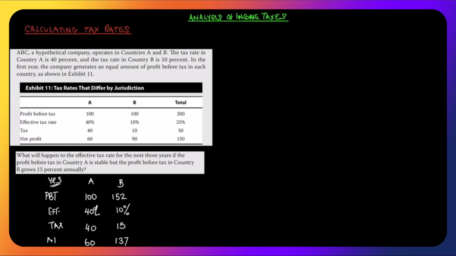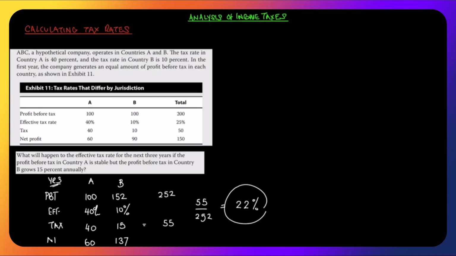We're asked for the effective tax rate. Well, in total, tax is now 55 on profit before tax of 252. 55 divided by 252, 21.8 or 22%.